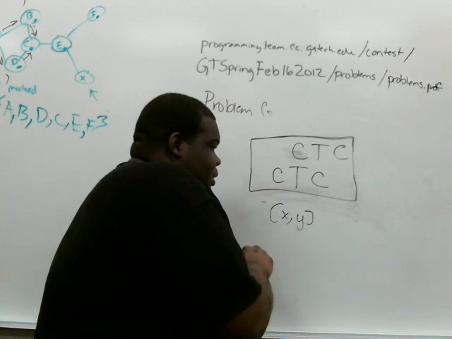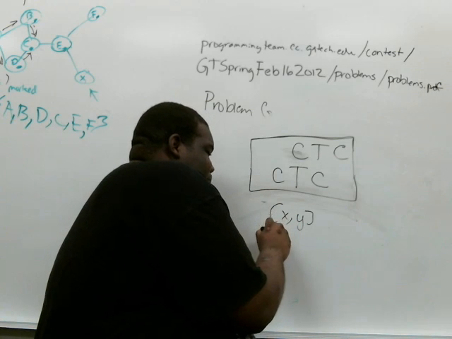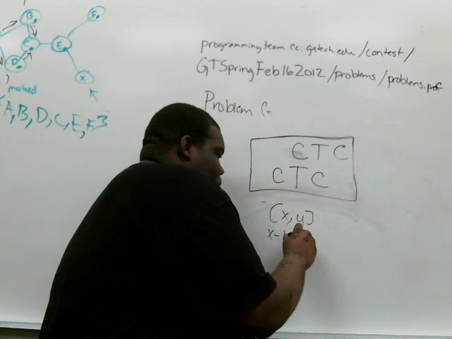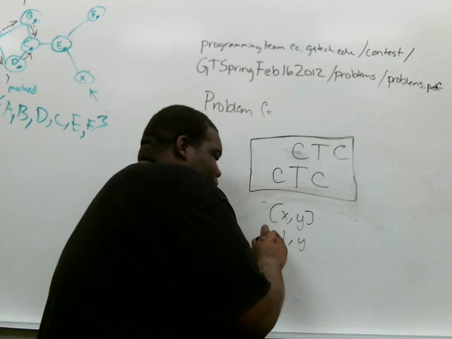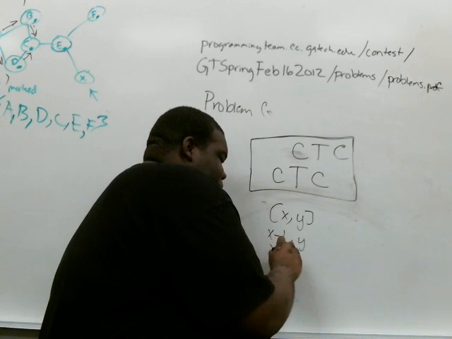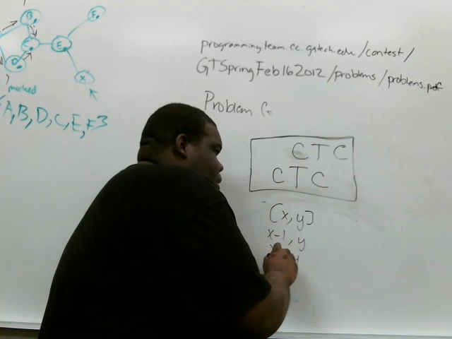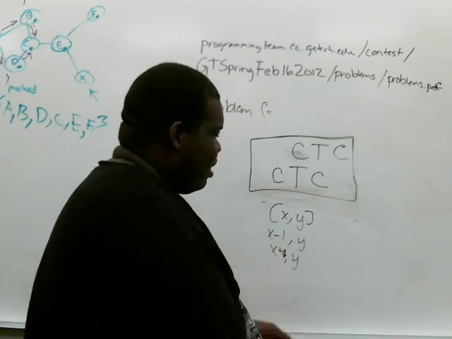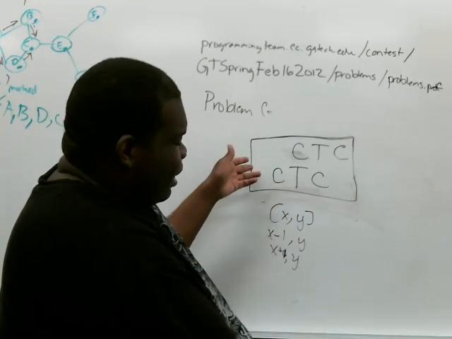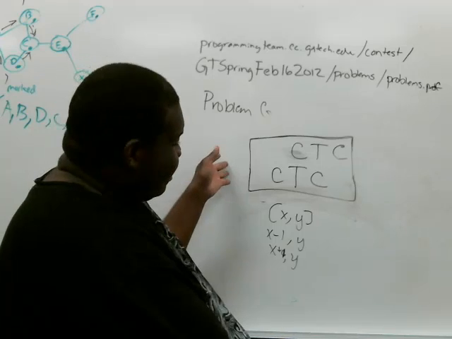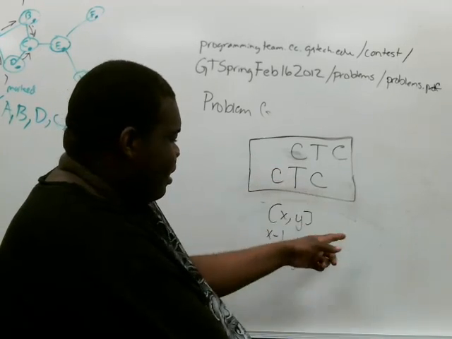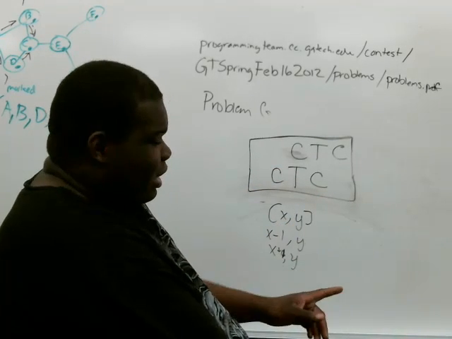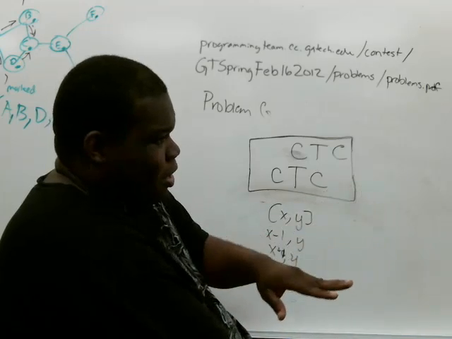So let's say that you had an XY. You'll put one at x minus 1, y, and x plus 1, y. And as long as x minus 1 is greater than or equal to 0 and x plus 1 is less than the array's width, you can put it in.